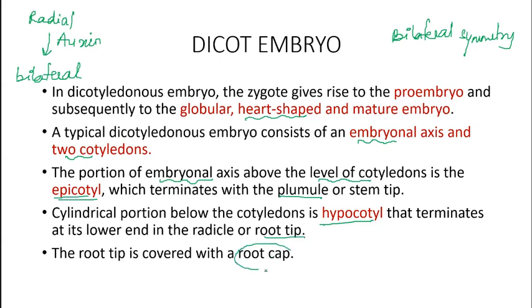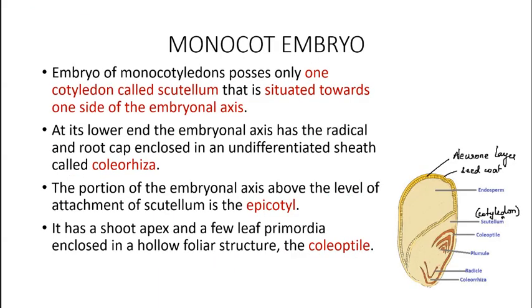The monocot embryo has only one cotyledon, which we know, and this one cotyledon is known as scutellum. See, the scutellum is situated in this region, located towards one side. They also have the embryonal axis, and have the radicle and root cap. The root cap is enclosed in a sheath known as coleorhiza, and the shoot apex is enclosed in a coleoptile.